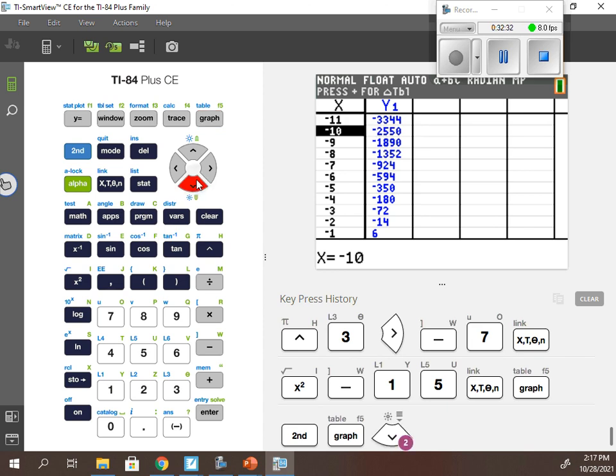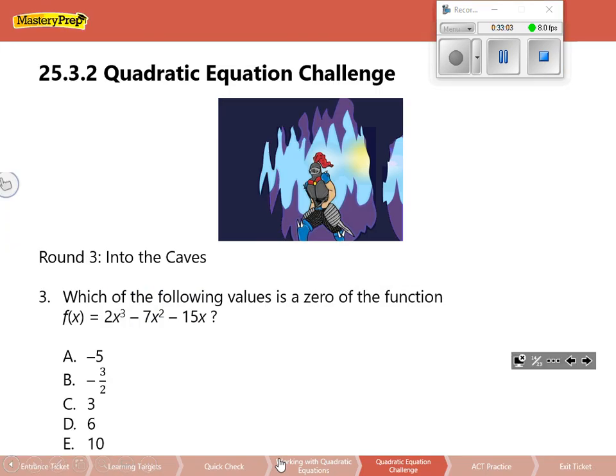C is +3. When x is 3, is y equal to 0? Nope, so C is not it. 6. Is the y value 0 when x is 6? No. And the last one we have is 10. Is the y value 0 when x is 10? No. So out of all these choices, which one's left? -3/2.